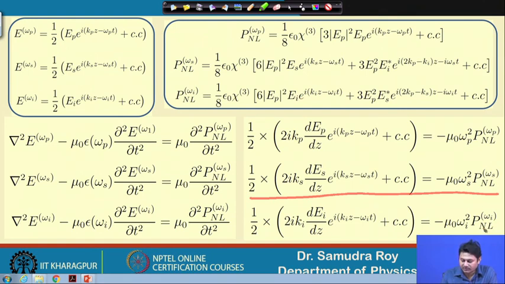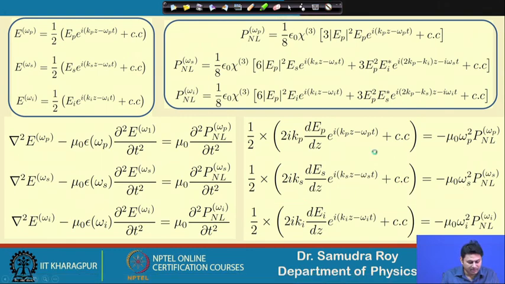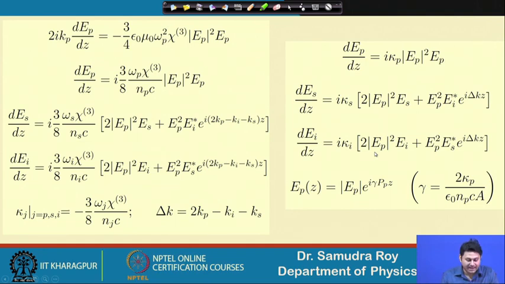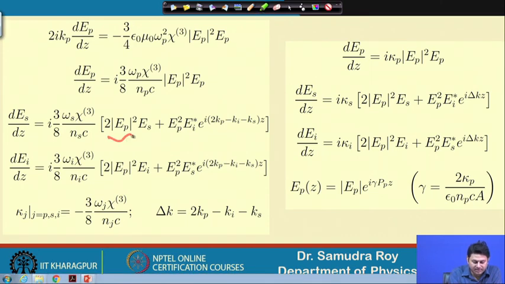I just put this value in. Basically the derivative is not required at all, because we already have the omega s square and omega i square terms, and when I put these together, we will simply have this quantity. The first term corresponds to the cross phase modulation term as usual, and the second term corresponds to the four wave mixing term.